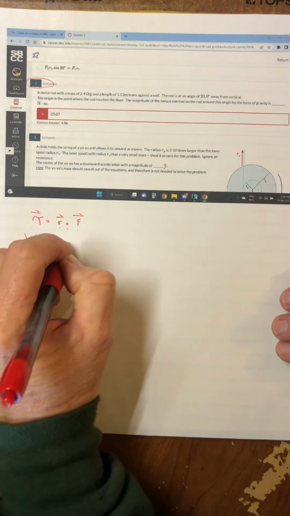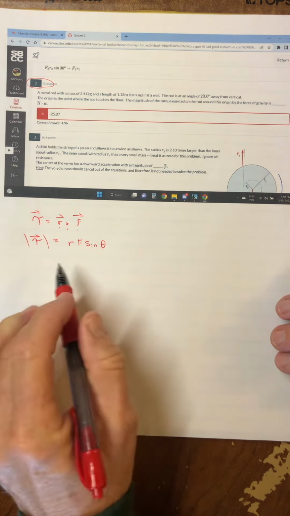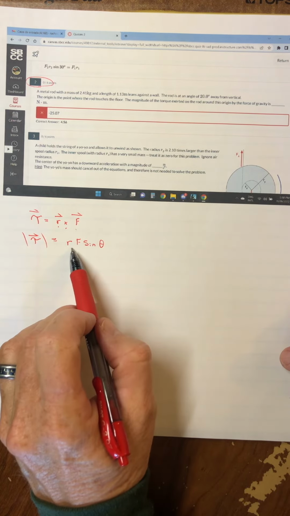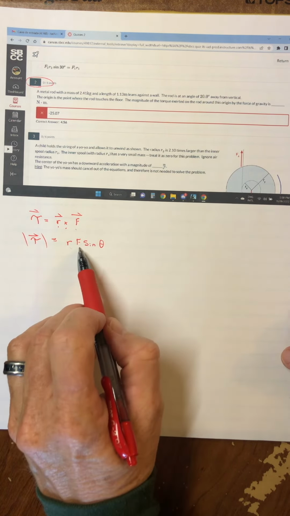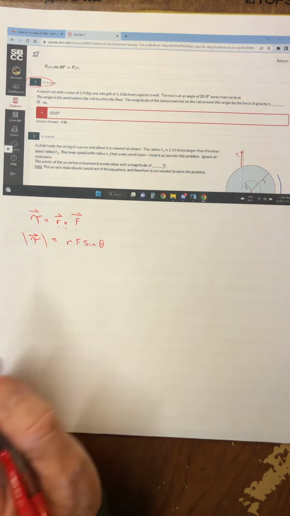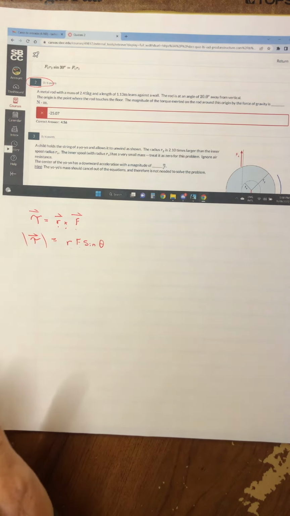So the magnitude of the torque is RF times the sine of the angle between the R and the F. But the big thing is to keep in mind that torque is more than force. Torque has a force, but it also has a distance and an angle involved. And so these are more complicated problems here.